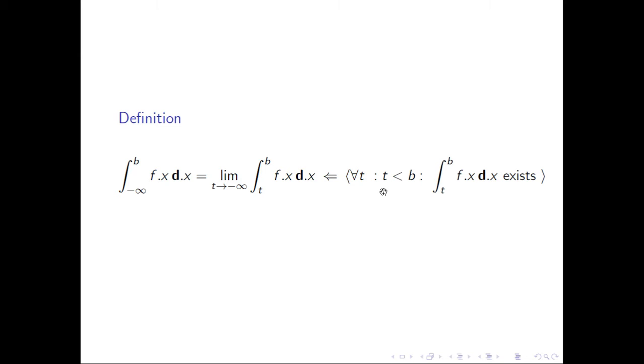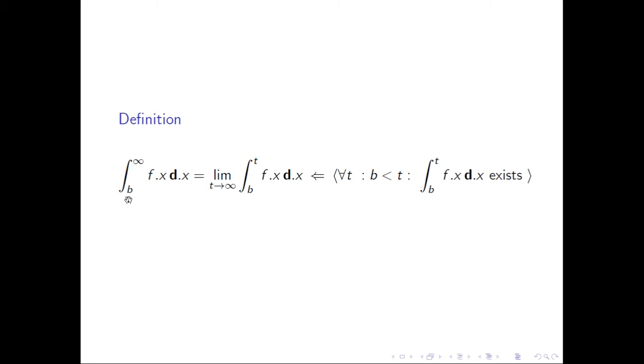Now this side condition is just saying that the integral has to exist for every t up to b. The integral of f of x dx between t and b must exist.